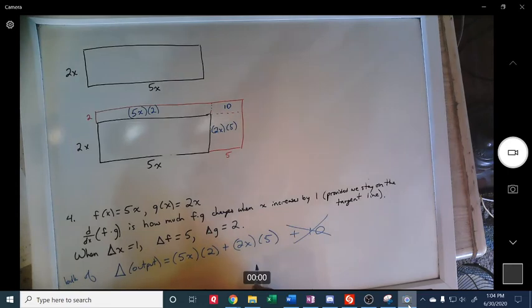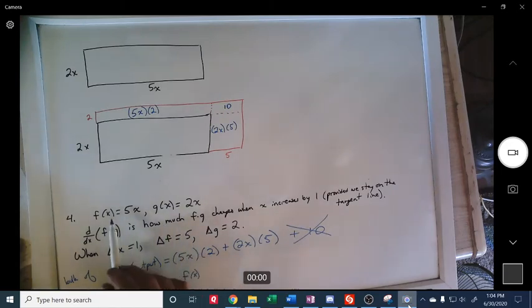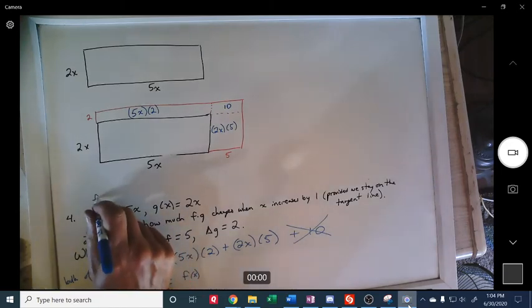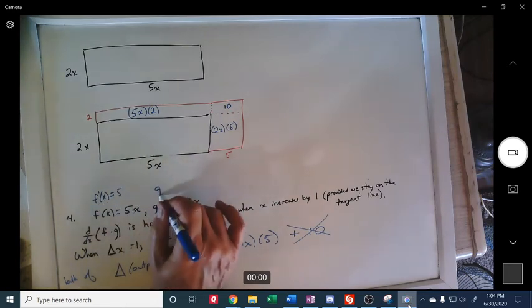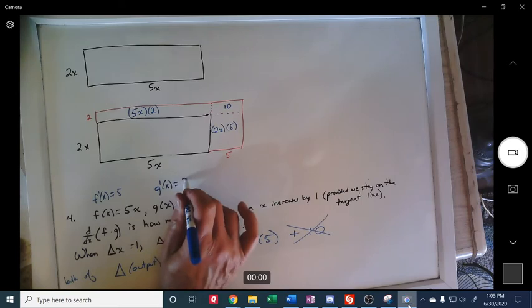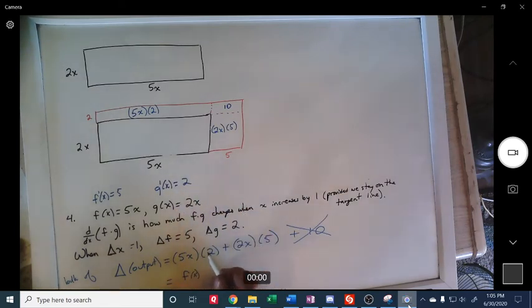And now this is f of x. What was the 2? Well, look at, if you took f prime of x, you'd get 5. If you took g prime of x, you'd get 2. So that 2 was really g prime of x.